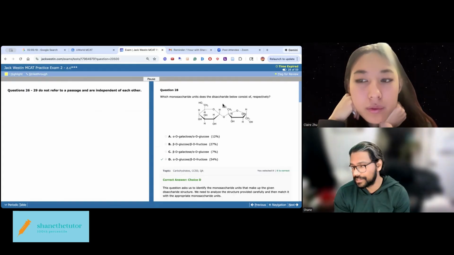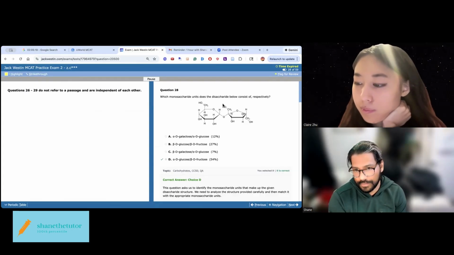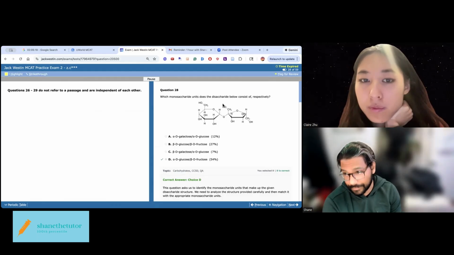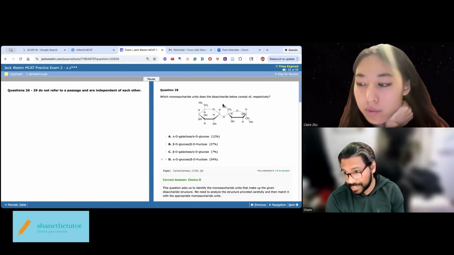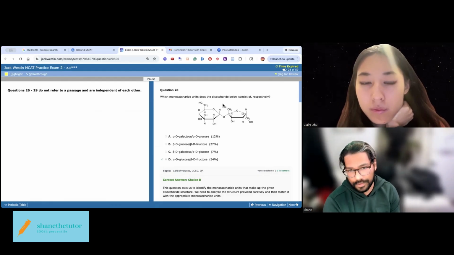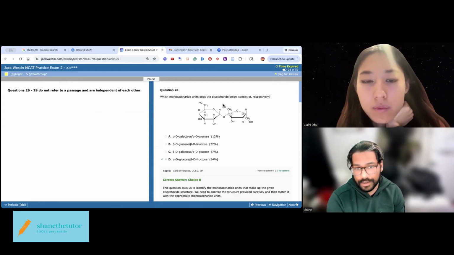The reason is that in the beta anomer, when you draw it as a chair, all of the hydroxyl groups are in equatorial positions, so they're further apart, which makes it more stable because the hydroxyls would repel one another. So that's glucose. And what's an epimer?